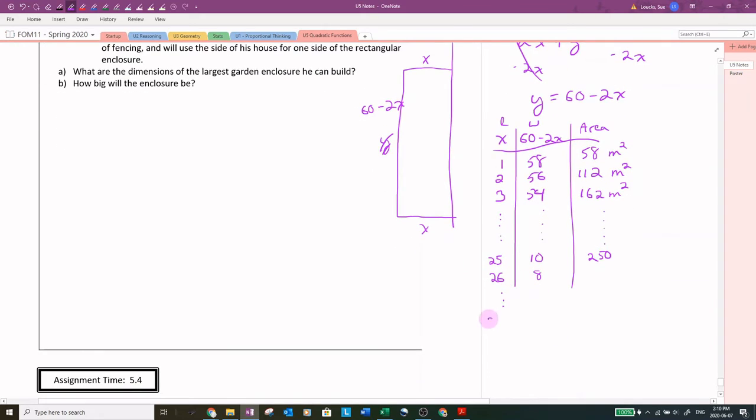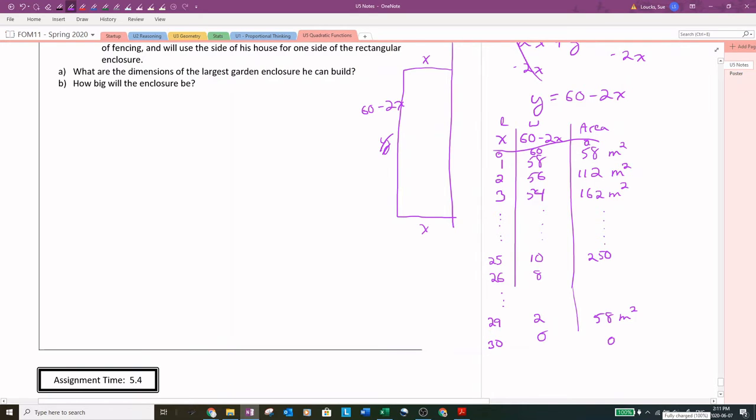Let's keep going. This becomes 29, and this is going to be 2. And 2 times 29 is 58 meters squared. You could say x is 30, but then y is 0 and the area is 0. That's true up here too: if x is 0, y is 60, but the total area is 0.